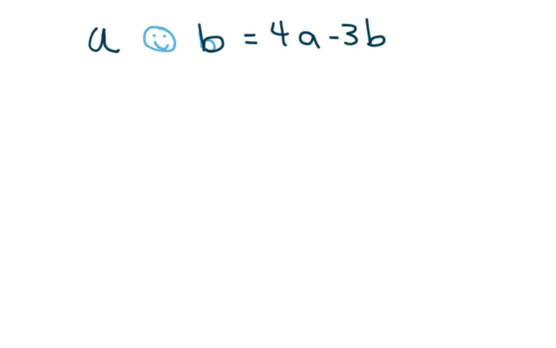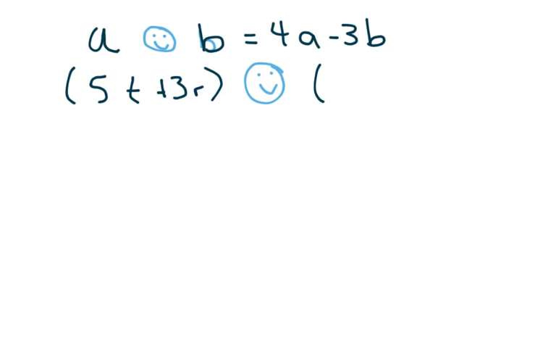Okay, so I want to know what 5t plus 3r, happy face, 6t minus 7t, what can we evaluate that for?